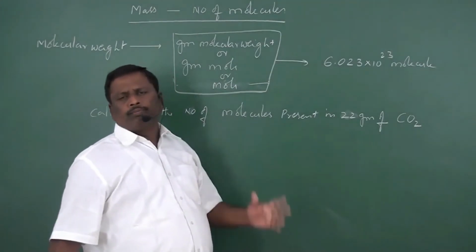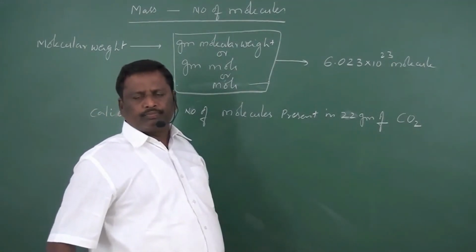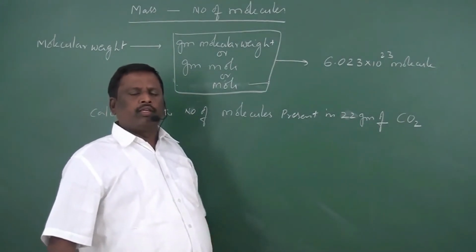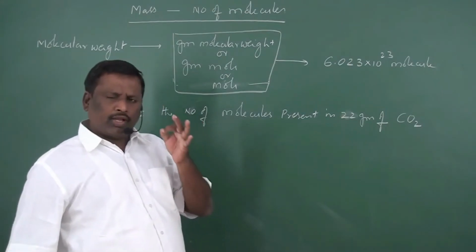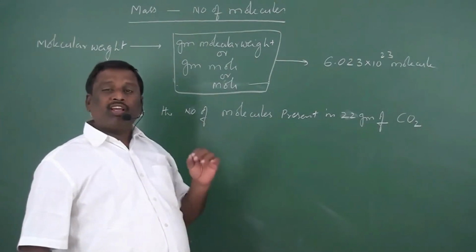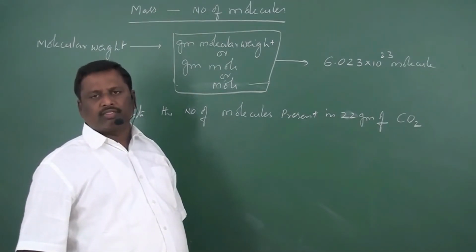In any problem related to molecular weights, the number of molecules or the volume, whatever they are asking, the first thing you have to know is the molecular weight of the substance. What is the molecular weight of the given substance?